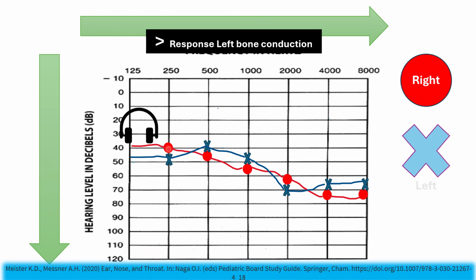As you see here, there is a moderate to severe hearing loss from the right ear, as you see with the circle, and moderate to severe hearing loss from the left ear, as you see with the X. So this is an air conduction test study, and now the next step is to perform a bone conduction test to differentiate if this is a sensorineural hearing loss or conductive hearing loss.